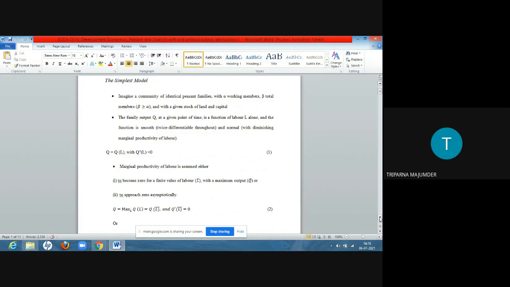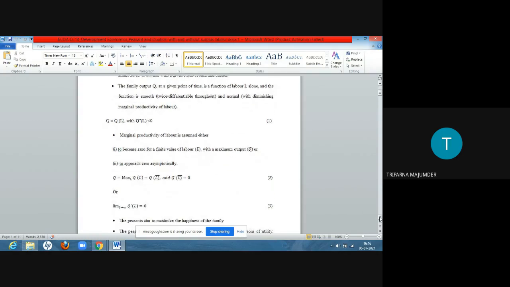But the second derivative is less than 0. That means the marginal product is diminishing. Now, marginal productivity of labor is assumed either to become 0 for a finite value of labor, L bar, with the maximum output Q bar.